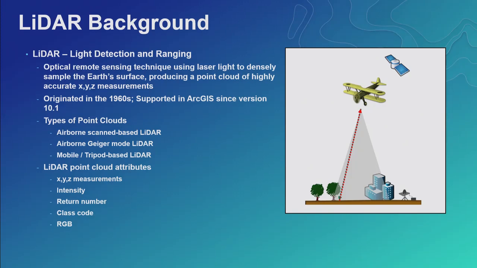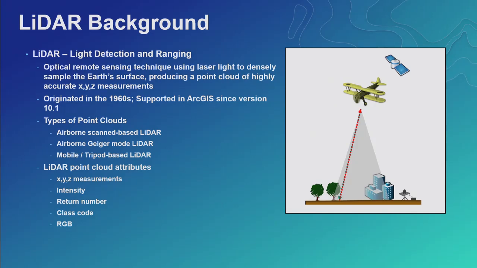There are several different types of returns. When creating products from Lidar, it's important to know about the returns, because there are ground returns, which record the bare earth observation, versus something like a first return, which bounces off of trees and buildings. So we'll filter by returns to create different types of surfaces.